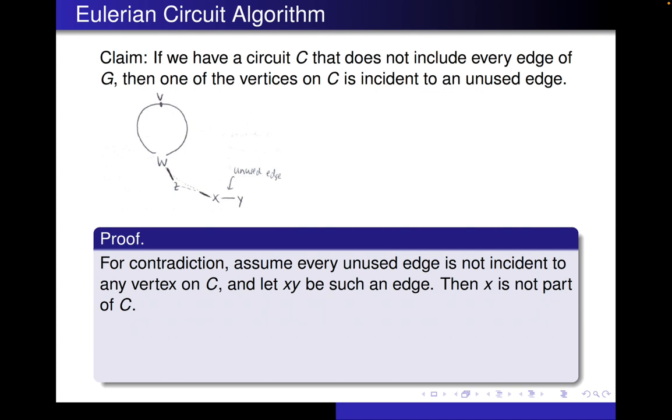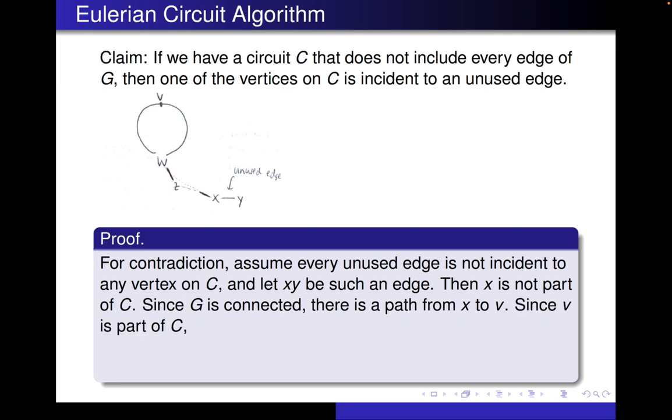So x can't be on C. But remember, we know that G is connected, which means that we can make a path between any two vertices in the graph. And I'm going to apply that from x to V. I know there's some walk, some path, where we can start at x and end at V. Now, note that V is a part of our circuit.